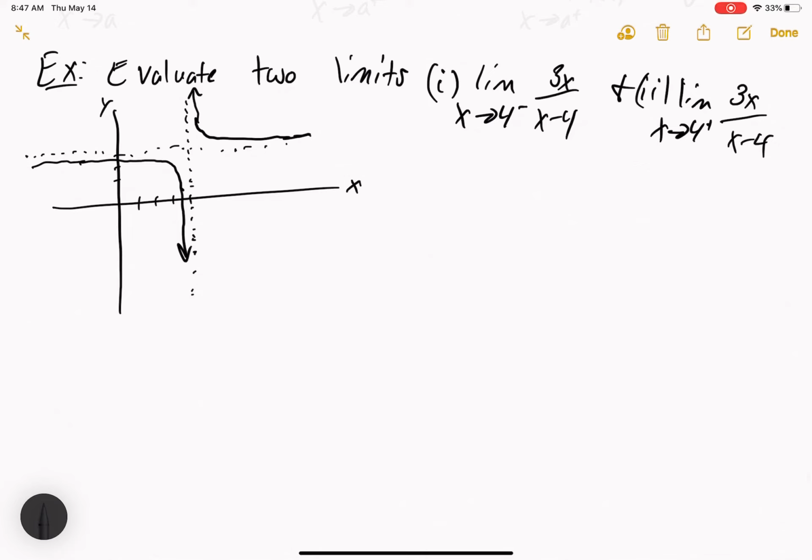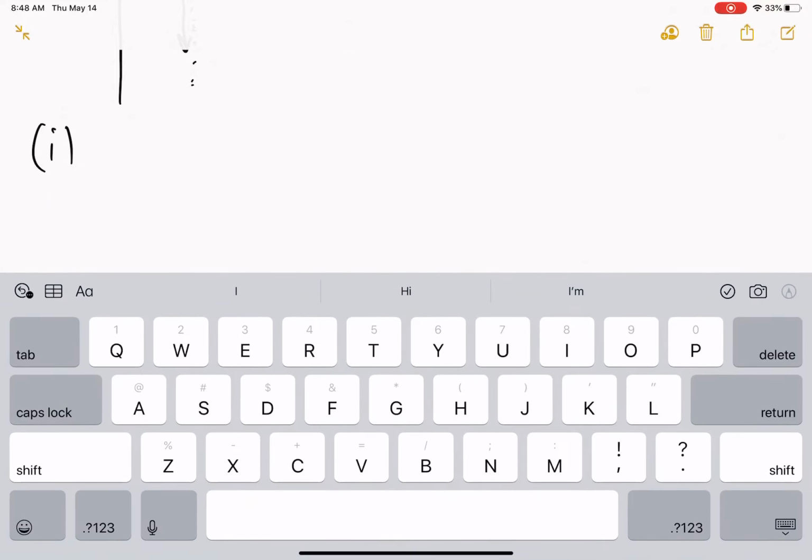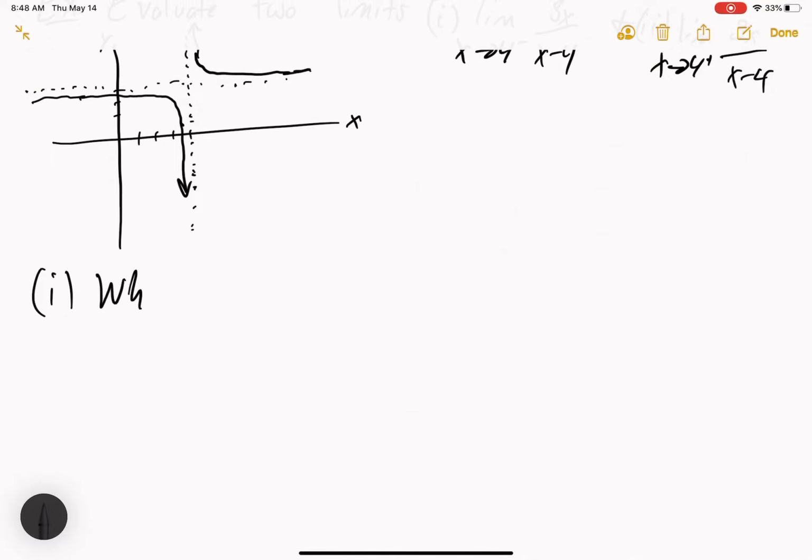So let me write that down, that way it's still not just more word salad. Okay, no, let me rewrite that. Let me start with the reasons. So when x approaches 4 from the left, the numerator will actually be approaching a nice value.